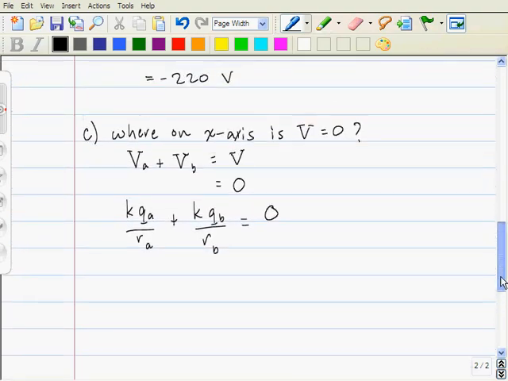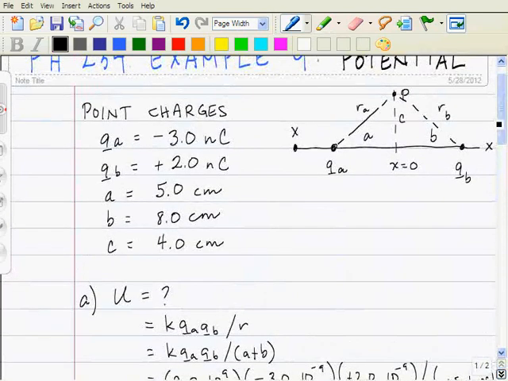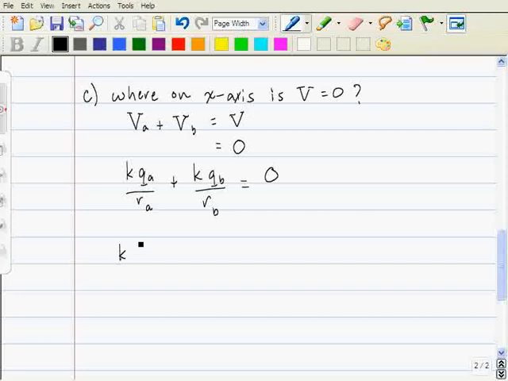Now, let me try and clarify this. If we look at the distance from any point along the x-axis, which I'll just call x, to Q sub A and to Q sub B, first of all, I'll factor out this constant K. For Q sub A, the distance would be x minus the position of x sub A. It's also worth noting that this is always a radial distance, so it is always positive.